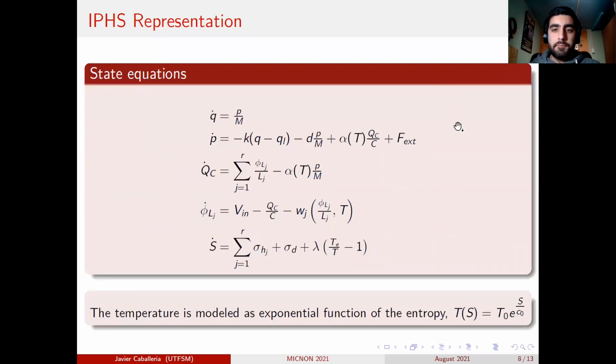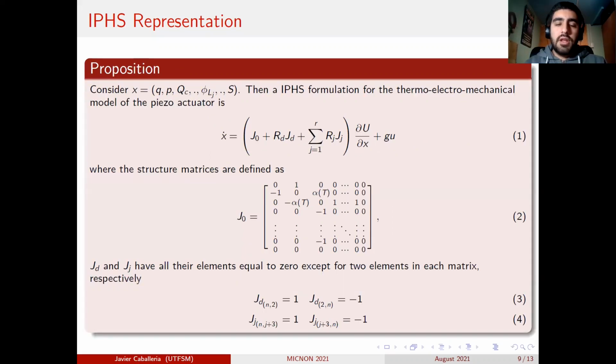Then from the previous model, we obtained the following set of state equations. Note that the temperature is a function of the entropy, and we're going to model it as an exponential function of it. Finally, we have the irreversible Port-Hamiltonian formulation for the proposed model.